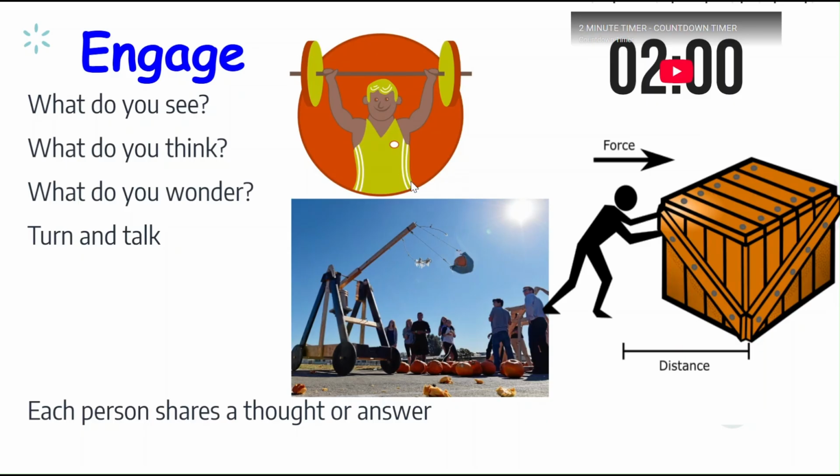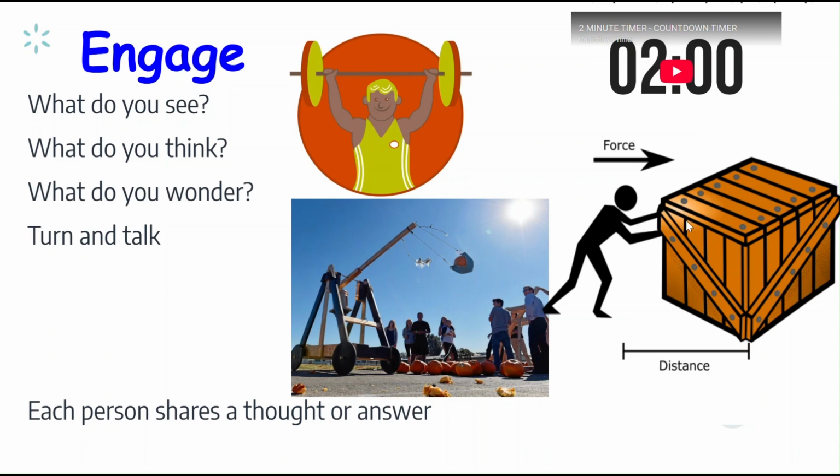All right, so in class, we had people talk about how I have a man lifting up a barbell that has weights on it, and so we think he's probably strong, right? We have a man pushing a box, and we can see that this is using force, pushing in the direction to the right, and perhaps the box has moved that whole distance that's listed there.